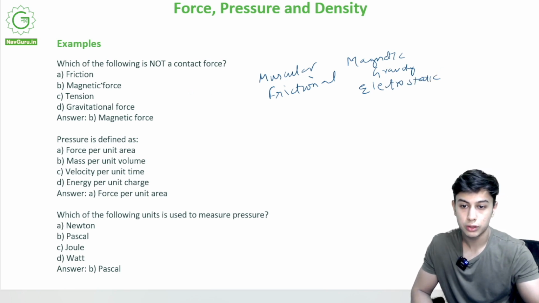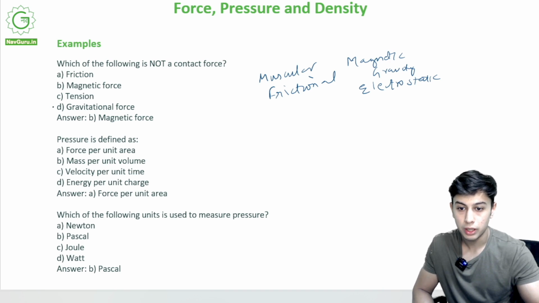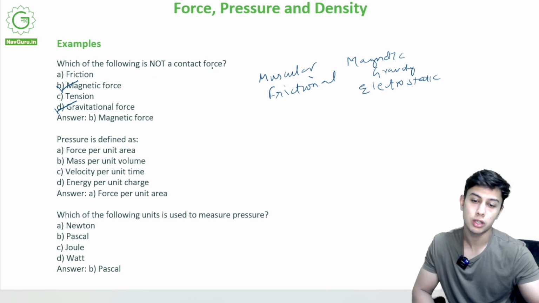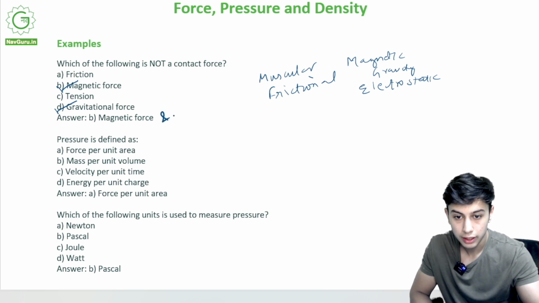So over here, which is not a contact force? Friction, magnet, tension and gravitational force. Actually, both gravitational and magnetic force are not contact forces. So we can add gravitation over here.